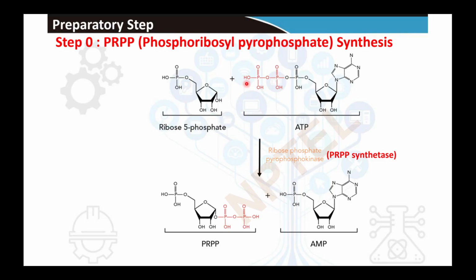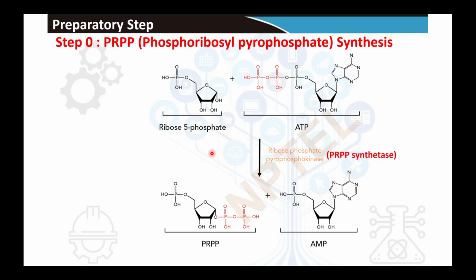Phosphate transfer reactions are catalyzed by enzymes called kinases, right? So, ribose phosphate is there, and what is being transferred? Pyrophosphate is transferred. So, pyrophosphokinase, okay? And it will produce phosphoribosyl pyrophosphate.